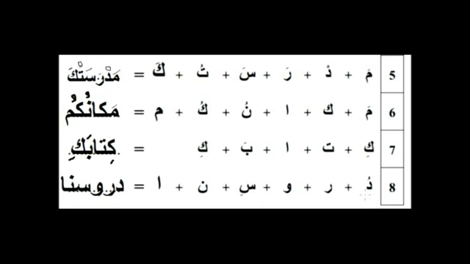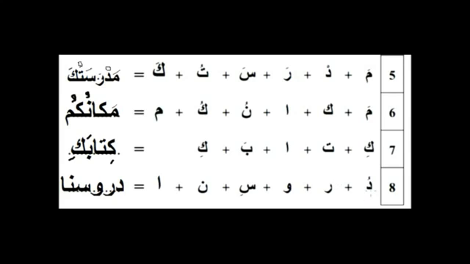As we said, for example, here, madrasatuka, the ka is referring to a male. Something that belongs to you, has a relation or connection with you, and it's a ka, it's referring to a male, and it's a ki, it's referring to a female.